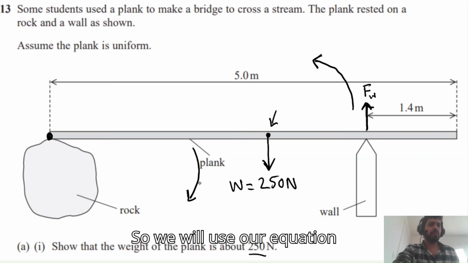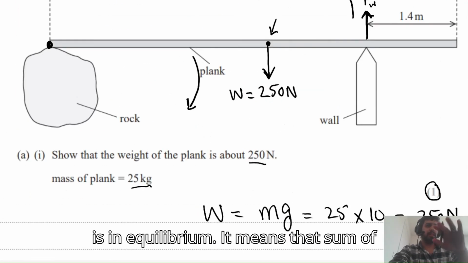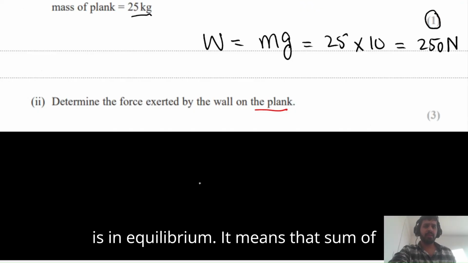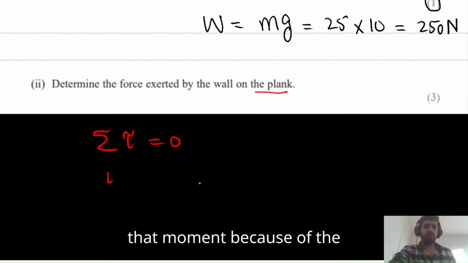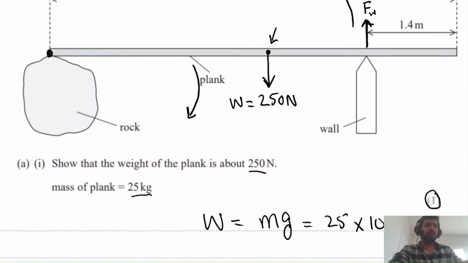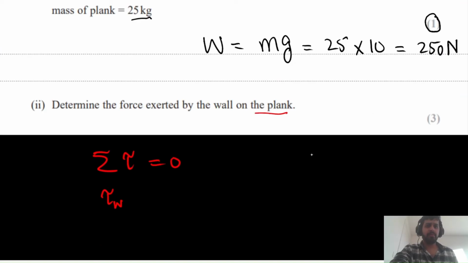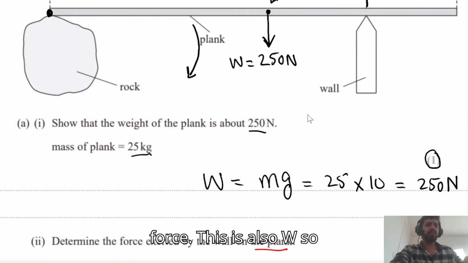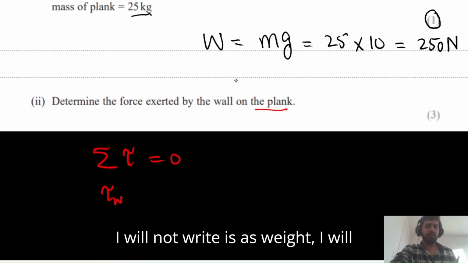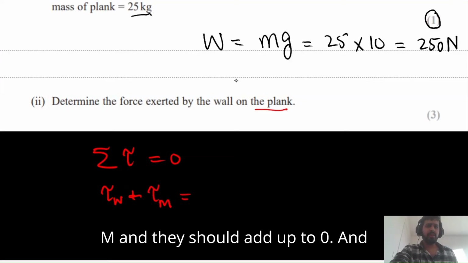So we will use our equation that because the whole system is in equilibrium, it means that sum of all the torques should be zero, which means that moment because of the wall, W, plus moment of the weight force, this is also W. So I will not write it as weight, I will just write it as mass, M, and they should add up to zero.